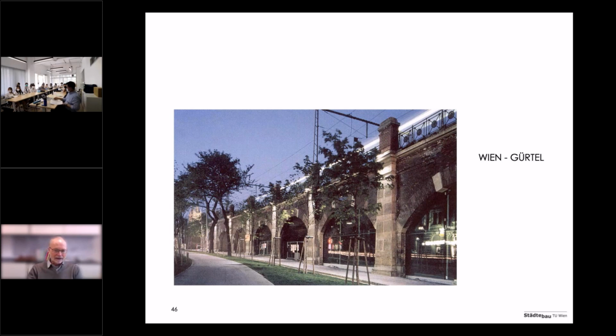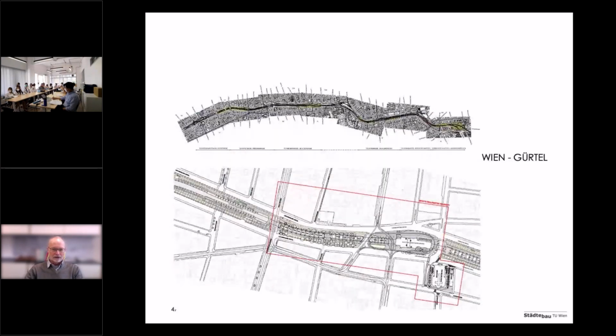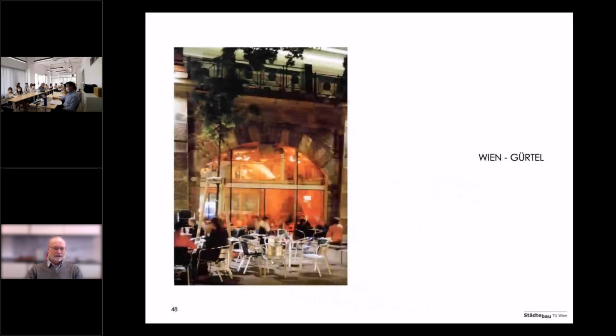So by upgrading the arches of this traffic building of the subway, by opening them up with glass walls so that they became transparent, visible, increase the social control, upgrade the lighting, reorganize the traffic, bring shops, bars, and so on back to this public space, this part of the city totally changed.